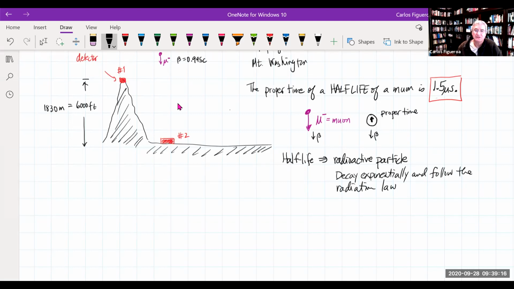And this radiation law, if you've taken differential equations, is a very common thing to derive in those courses. It essentially says that if you want to know how many particles you have that are radioactive, it's what you started off with initially, and then you get a term called 2 to the n.